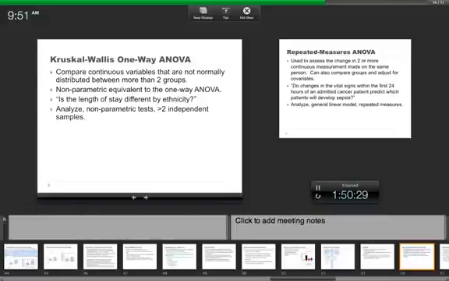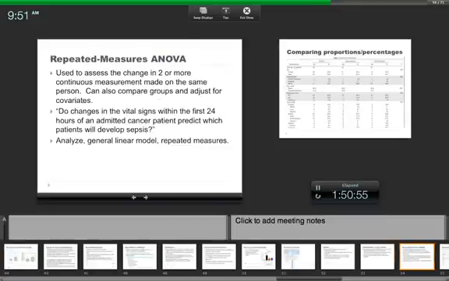For example, the length of stay in the hospital differing by ethnicity, different races. The length of stay in the hospital usually has a non-normal distribution. So when you analyze more than 2 independent samples with a non-normal distribution, that's the situation when we apply this test.